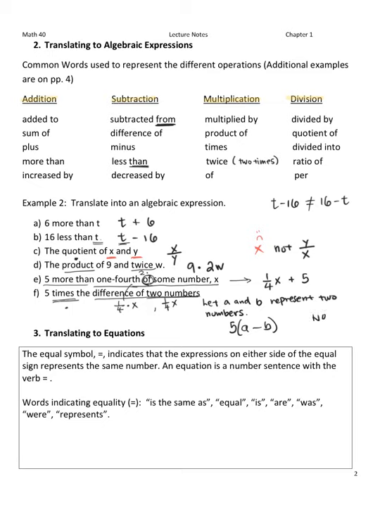Now note here that what you don't want to do is write 5 times A minus B without grouping. But why?